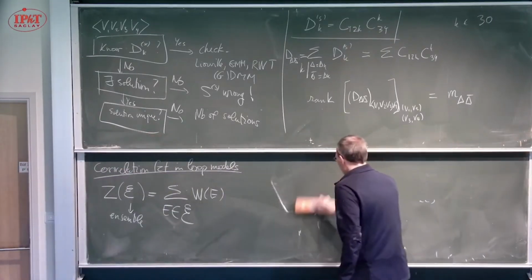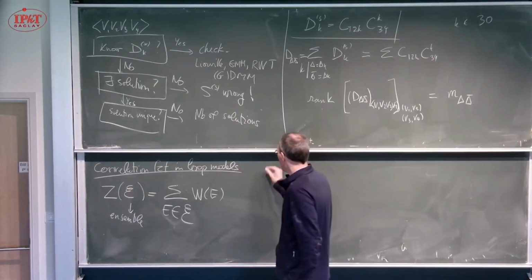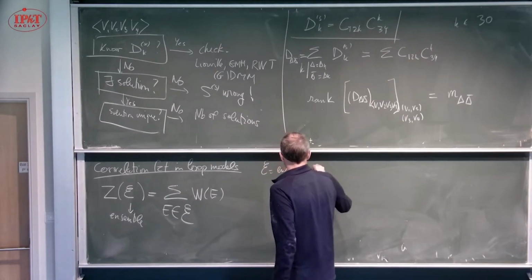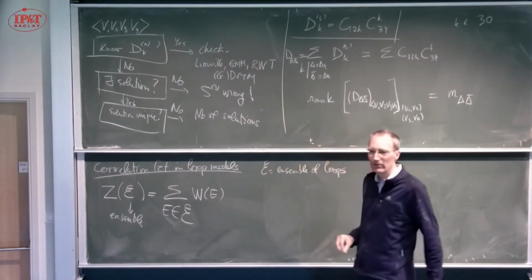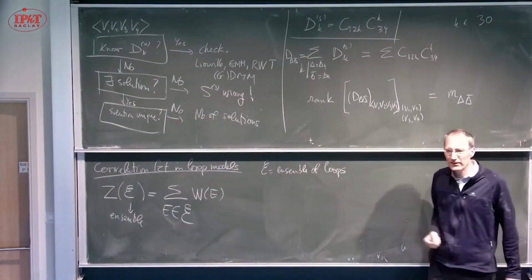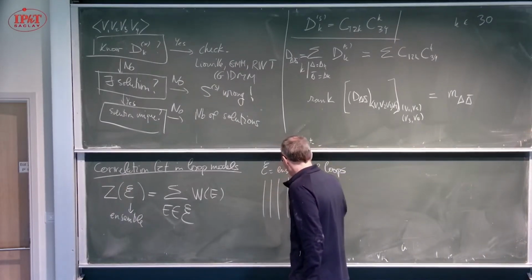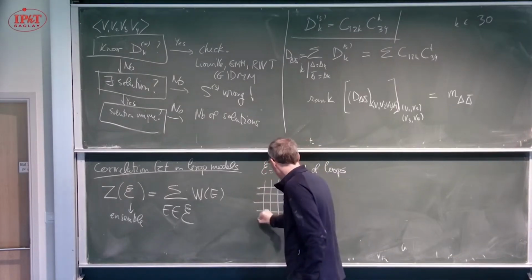So in loop models, what are these configurations? Well, they are configurations of loops. So E is some ensemble of loops. You have several ways to define ensembles of loops. One simple way is on some lattice. So let's take some finite lattice here.